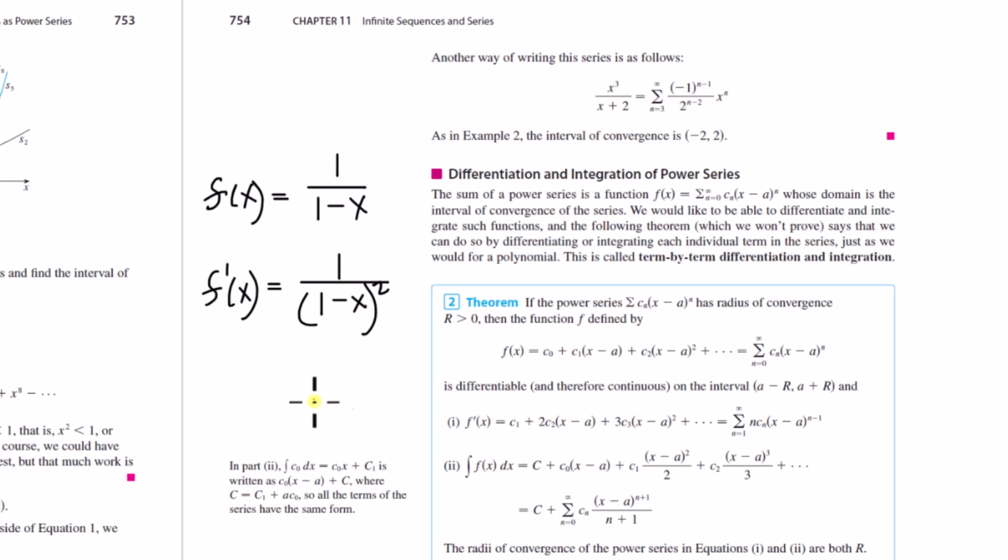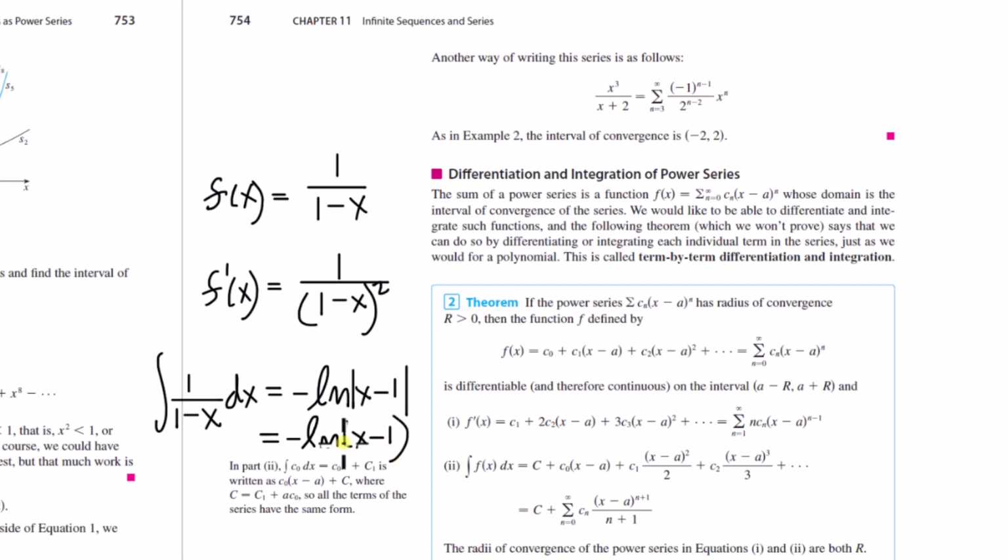Okay, and similarly, what's the integral of this? That's going to be minus natural log of the absolute value of x minus 1, but we know that if we wanted to, we could just write this without the absolute value, right?